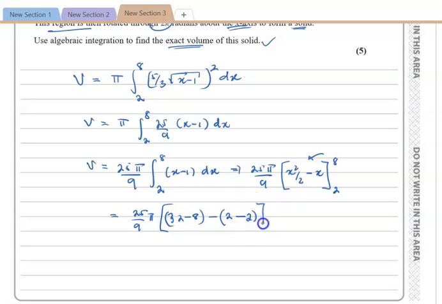You can see this is going to be 0, and then this is just 24. So your answer is 25 over 9 pi multiplied by 24, which is 200 over 3 pi. These are units cubed. So that's your answer for question 2.